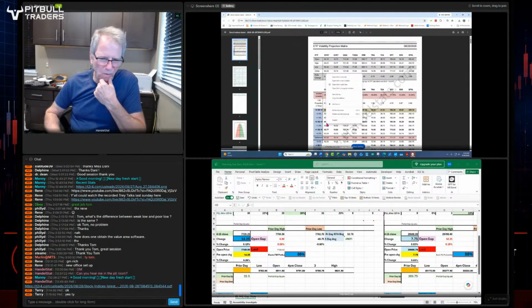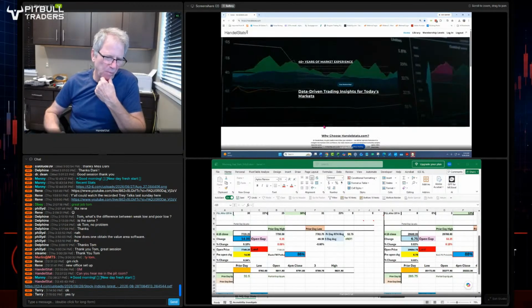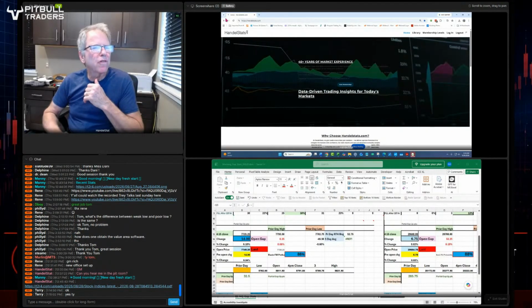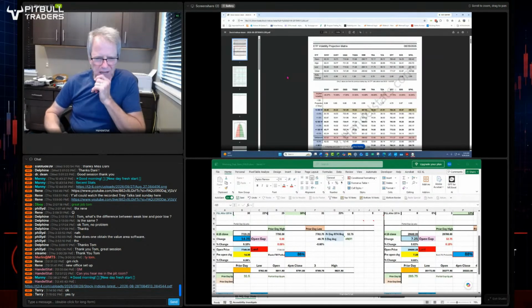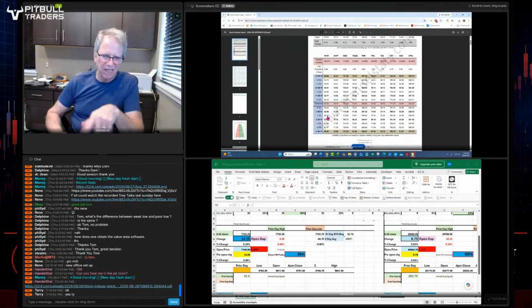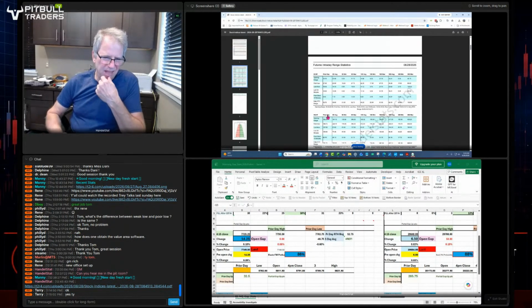There's 1, 2, and 3 standard deviation up, and then like 1% up, 0.5%, 1.5%, 2%. Anyway, and then the downside.